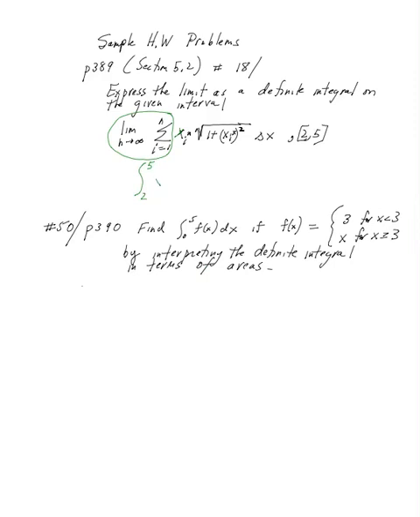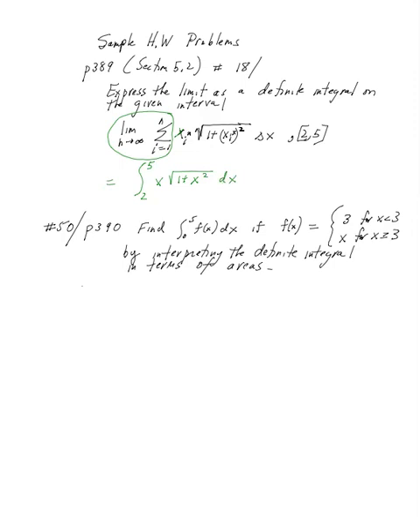We just say x square root of 1 plus x squared dx. By the definite integral from 2 to 5, x square root of 1 plus x squared dx, we mean the limit of this sum on that interval.